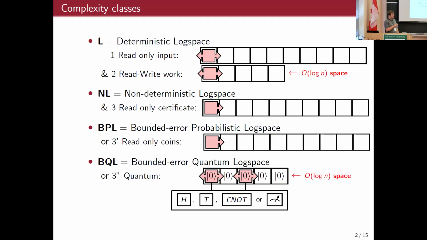Either we can apply a unitary from some fixed universal gate set, say Hadamard, T and CNOT, or we can apply a measurement in the standard basis. Then the measurement outcome is told to the transition function of the machine, which accesses a special state depending on whether the outcome was 0 or 1. So our BQL definition implicitly contains intermediate measurements, but as UPenn mentioned, it's even equivalent without intermediate measurements.